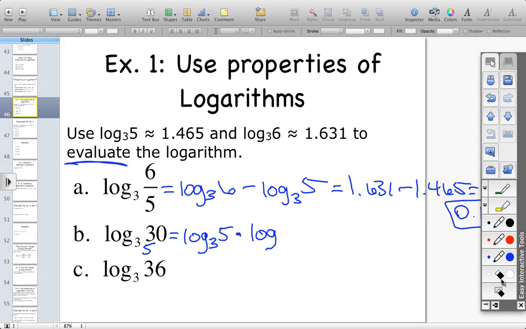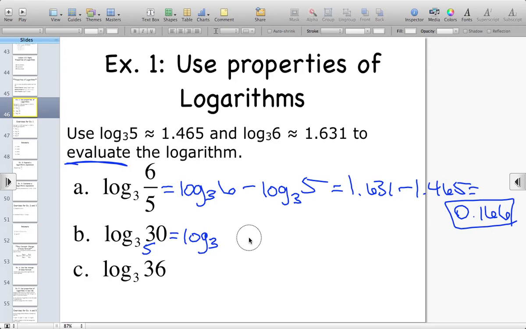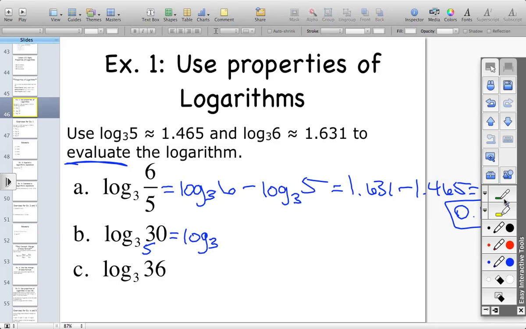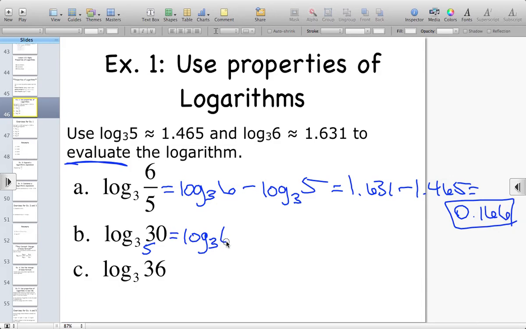I'm making a silly mistake here. All right, so we're going to say that 30 is the same thing as 6 times 5, or 5 times 6. It's commutative, so it doesn't really matter what order you put it in. So then we say, okay, our product property tells us that we can add the logs of the factors.